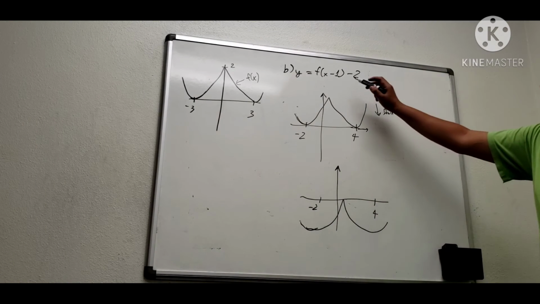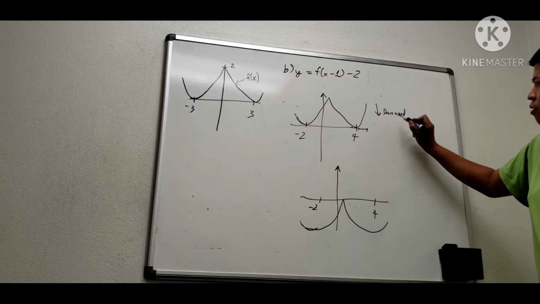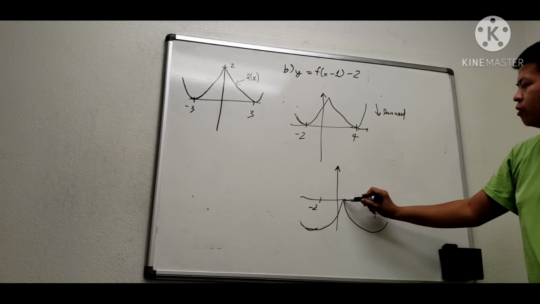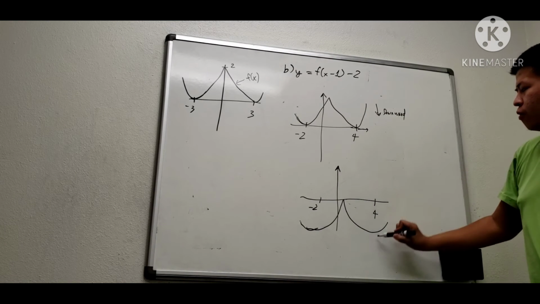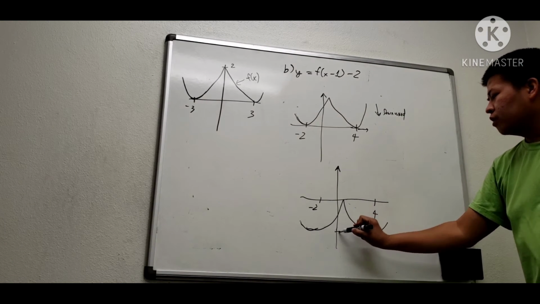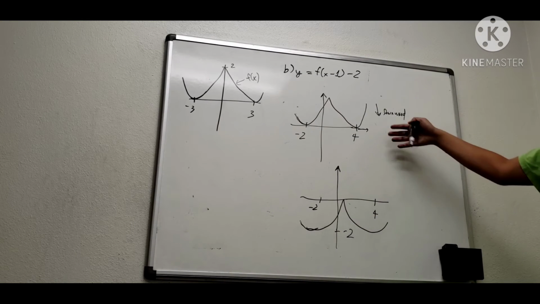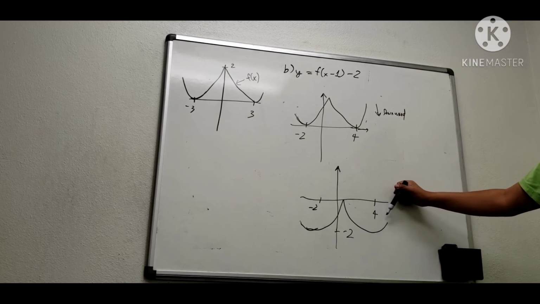This is the graph of this one because we move downward 2 digits. That's why in here they will go to the 0, and this one they will go to the minus 2. So the graph goes down, from here they go down 2 digits.